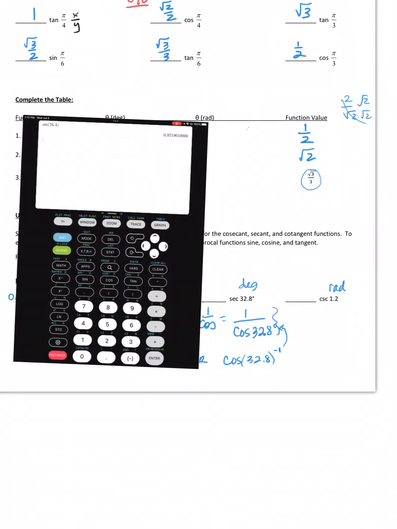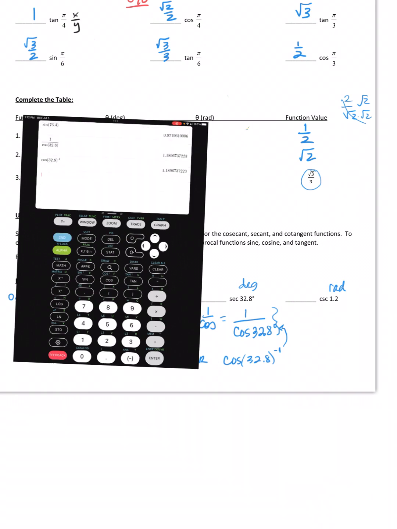If I do it as a fraction first, alpha y equals, I can put 1 over the cosine of 32.8, and I get this answer, right? The other way you can put it in is cosine 32.8, close the parenthesis, and then hit the x to the -1 button. It's right under math, okay? If you hit enter, notice you get the same answer.